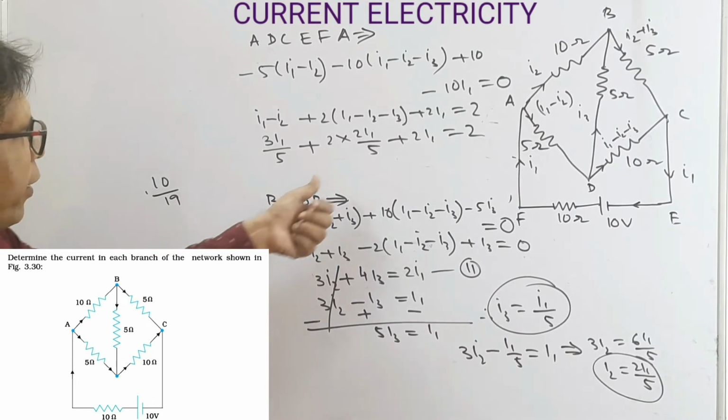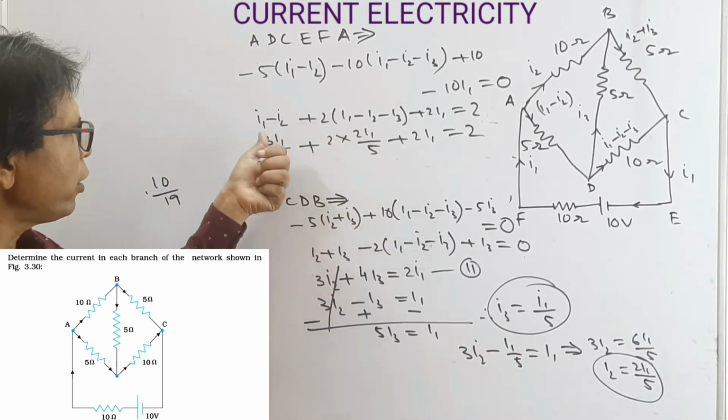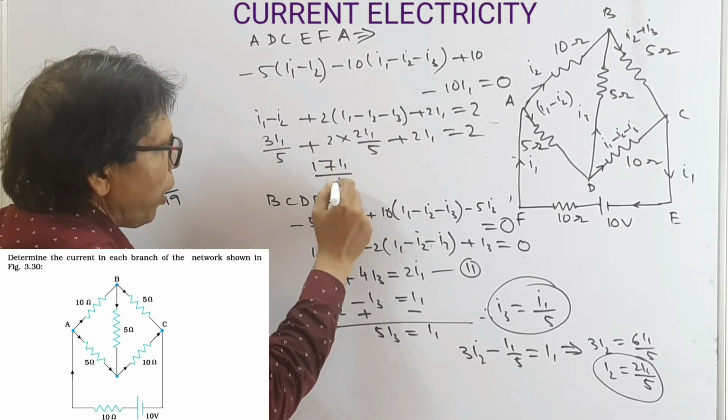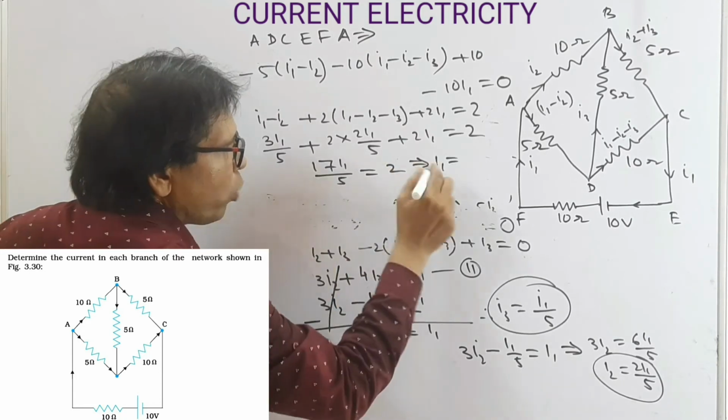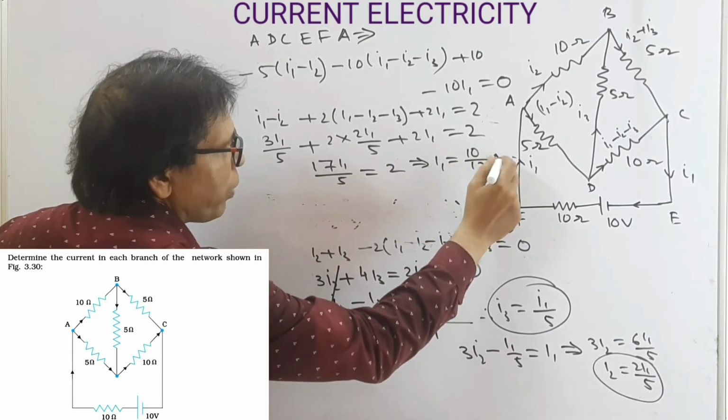Now this is the 4, and this is the 3, and this is the 10, so this is 17I1 by 5 equal to 2. Look at this, I1 equals 10 by 17 ampere.